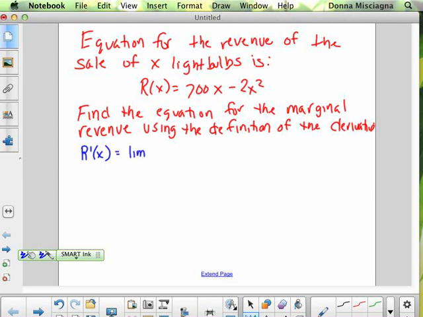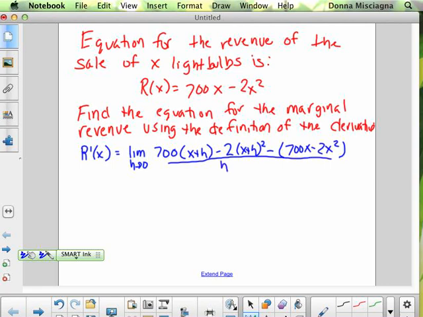It is the limit as H approaches 0 of 700 X plus H minus 2 X plus H squared, and then minus 700X minus 2X squared all over H. So it's the rate of change as that difference between our values is going to 0.